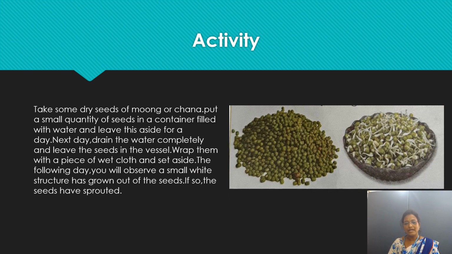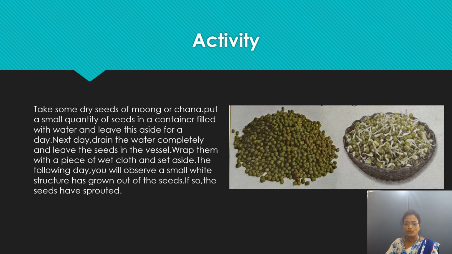Okay, fine. Now we will discuss one activity based on these plant sources. Have you all seen dry seeds? Here you can see dry seeds. These are the seeds, moong. Either you take moong or you take chana.